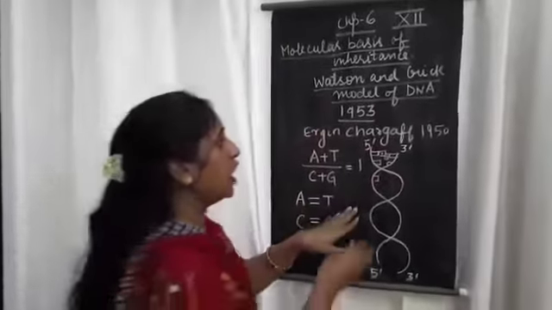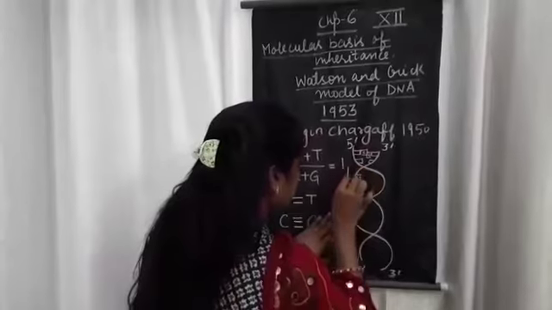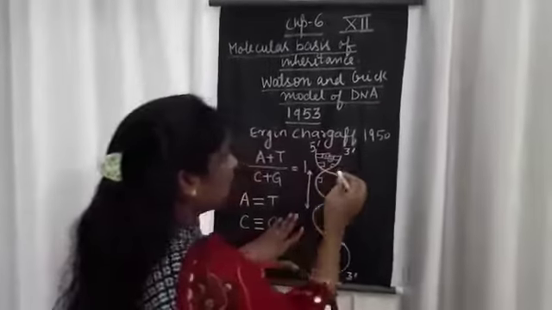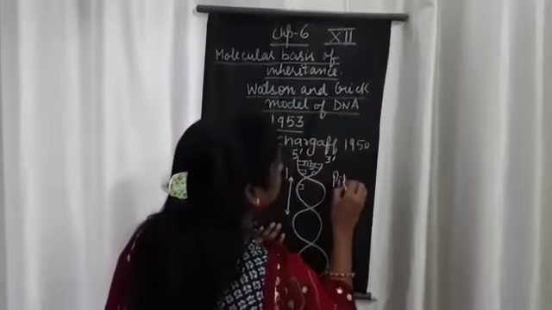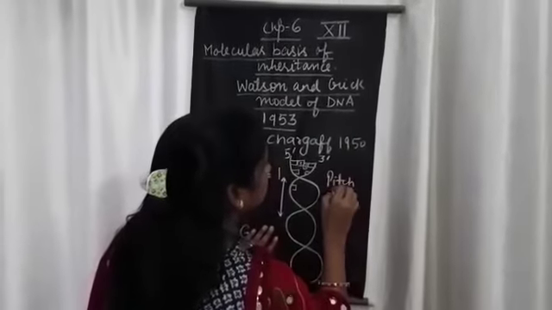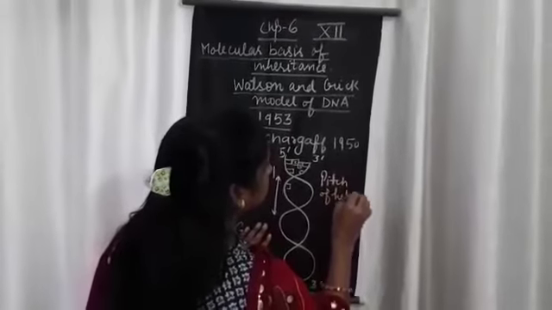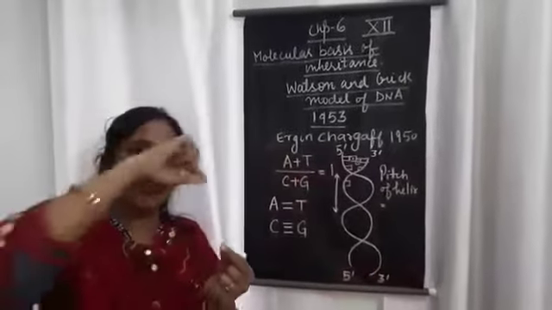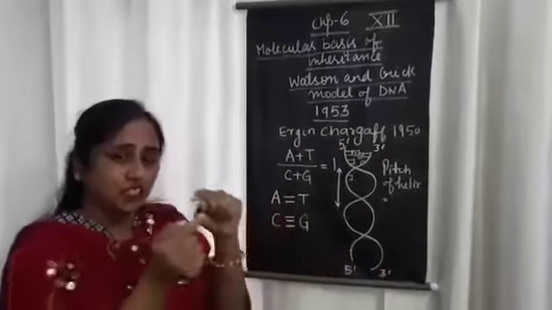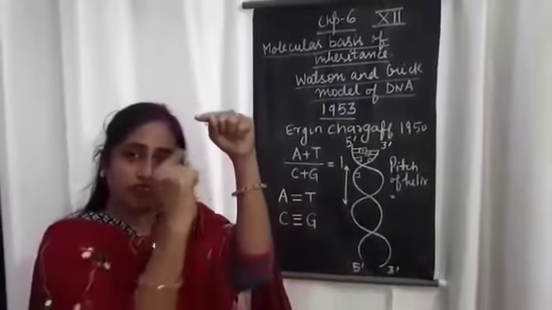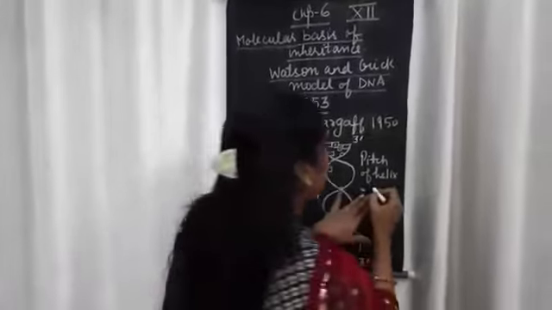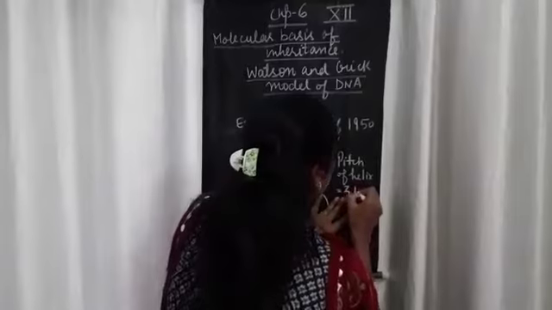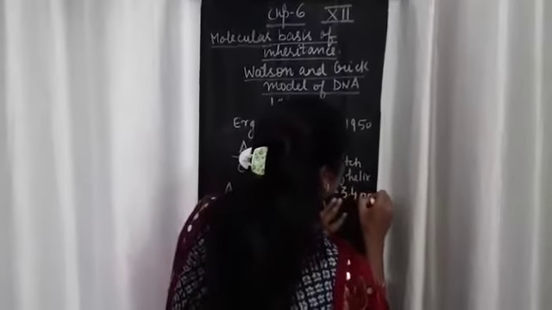Now we'll be coming to the pitch. The pitch of the helix, pitch means, suppose, have you seen the spring? The spring goes like this. So the one height of that rounded spring will be 3.4 nanometer.